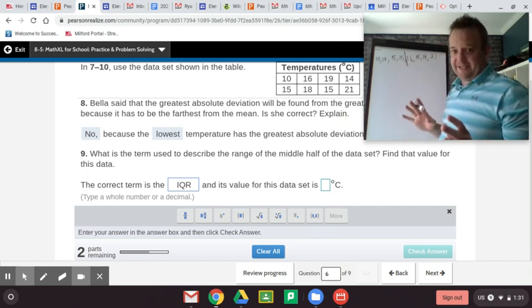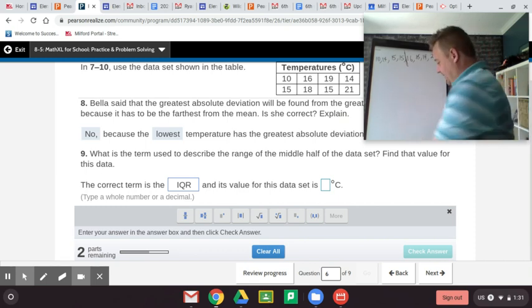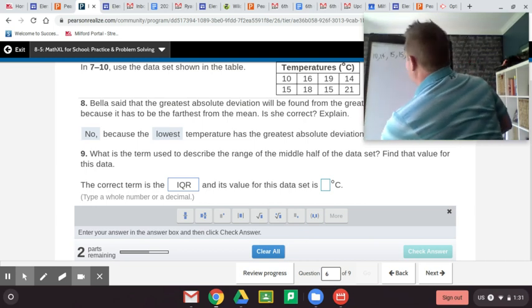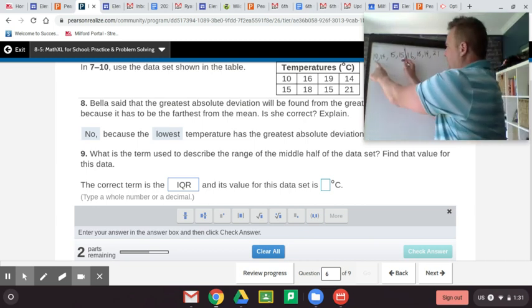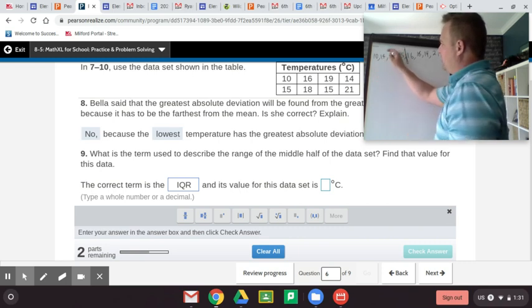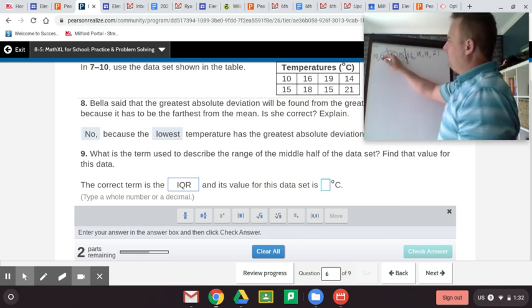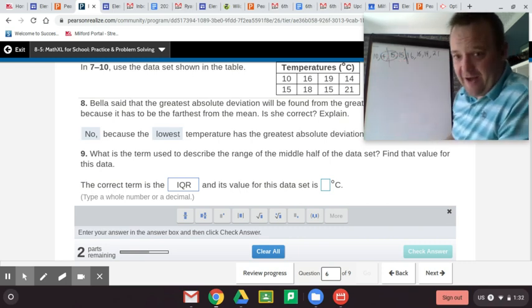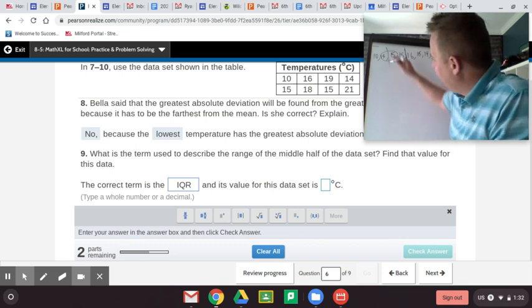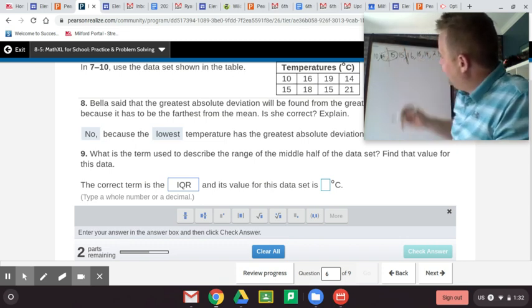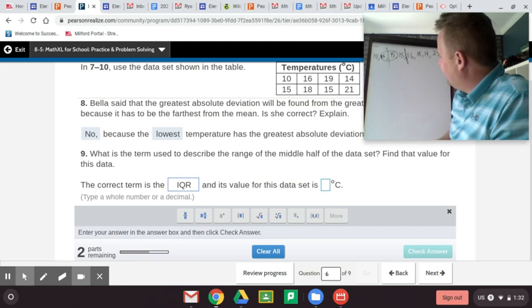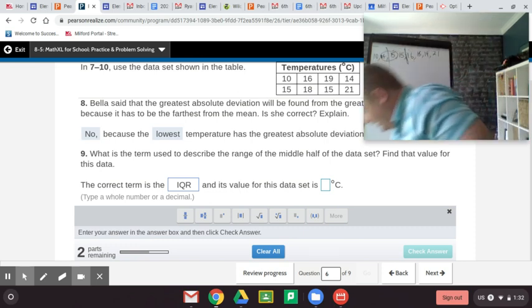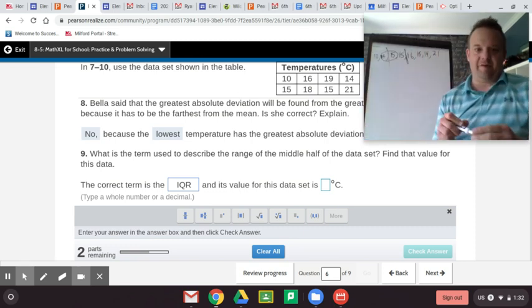Great case study, because look at this, guys. When I come to here, I come between two numbers. So what you have to do is add them up and divide by 2. 14 plus 15 is 29, and 29 divided by 2 is 14.5.